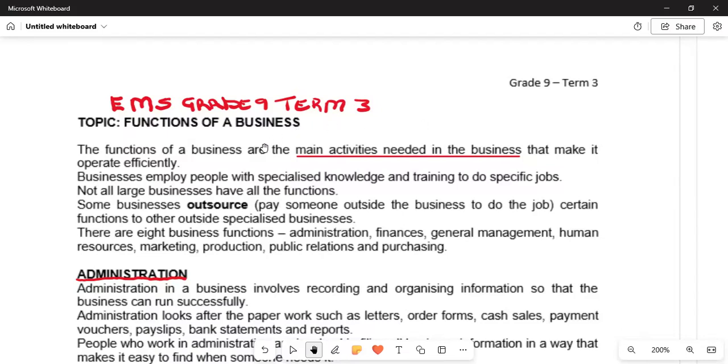Today we are going to talk about Economic Management Sciences, Grade 9, Term 3, under the functions of business management.